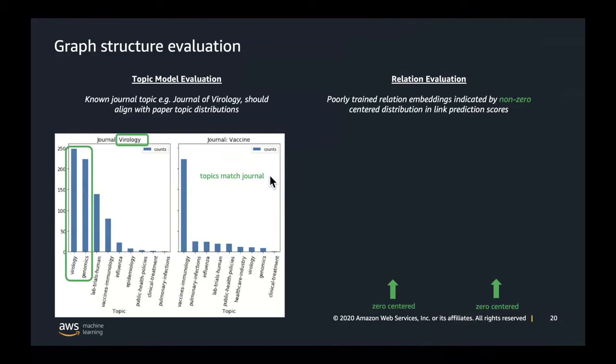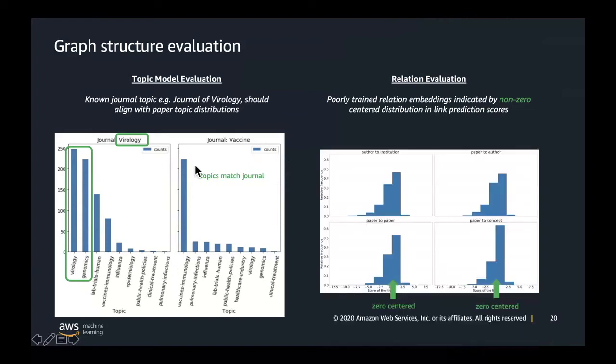And we see that happens here. For example, for the vaccine journal, we see that it has papers highly related to the vaccine and immunology topic, which makes sense.